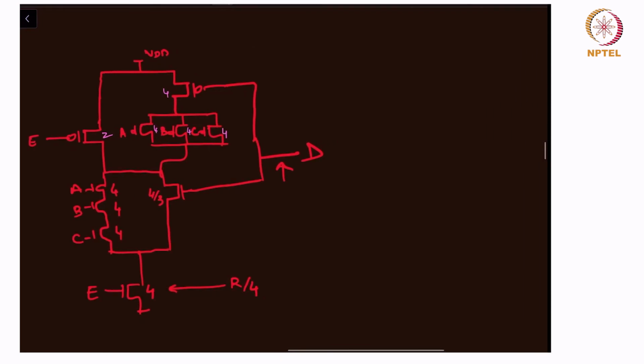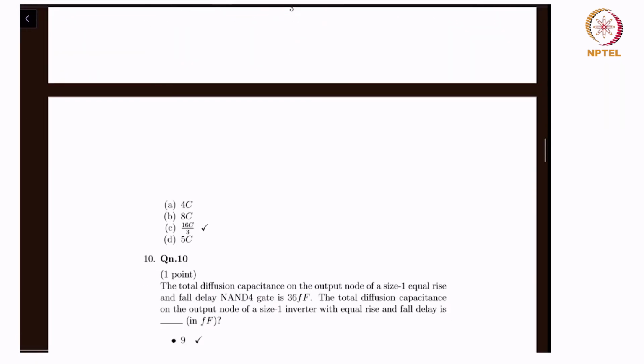So the capacitance over here is 4C, the capacitance over here is 4 by 3C. So we get 4C plus 4 by 3C, which is equal to 16 by 3C. Right? If you work that out, that will come out to 16 by 3. And that's the answer.